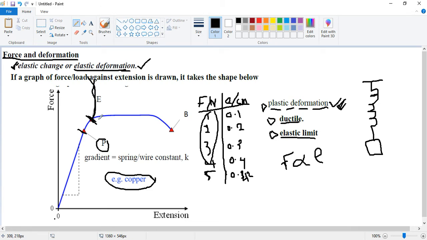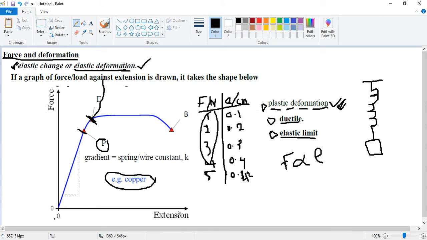Beyond E, you may notice that to give a very small extension, maybe I'm drawing it in a note, I'm not drawing it the way I want it. I can draw it like this. So here beyond E, it implies that a very large force is giving a very small extension. I don't know whether you can see the change in extension is very small. Yet for the one in the blue, a very small force is giving a large extension.